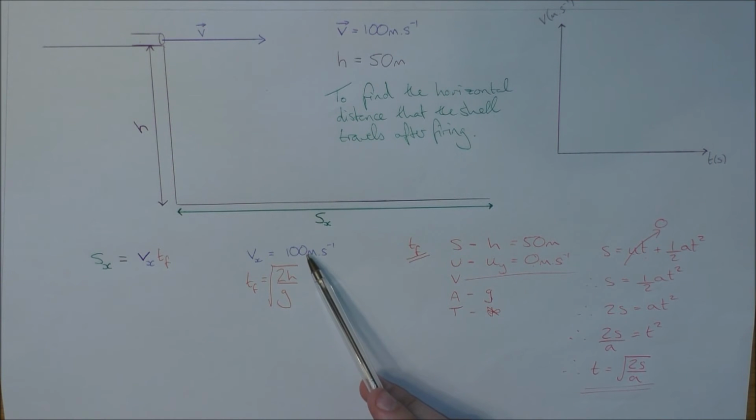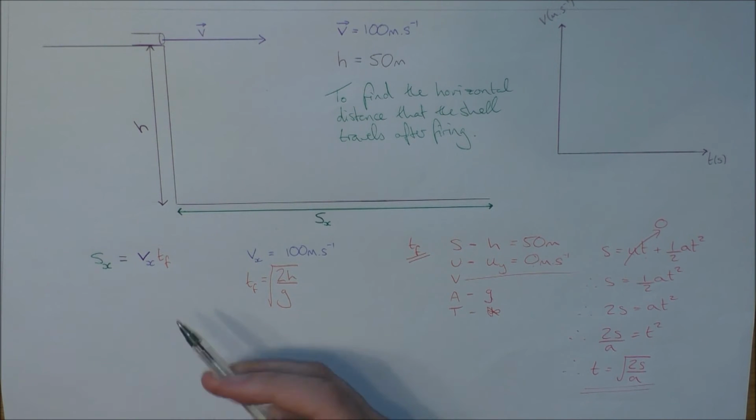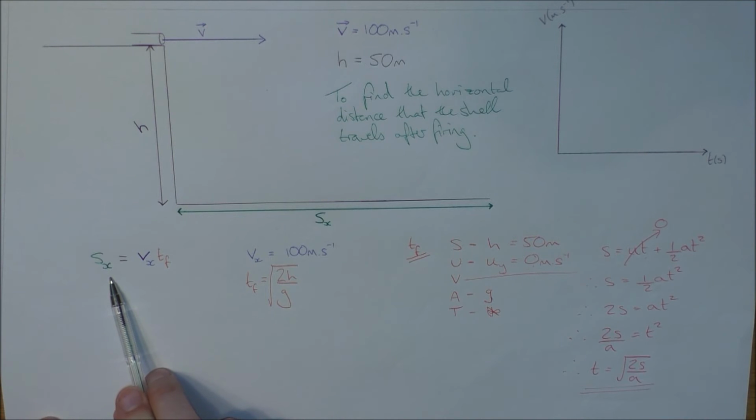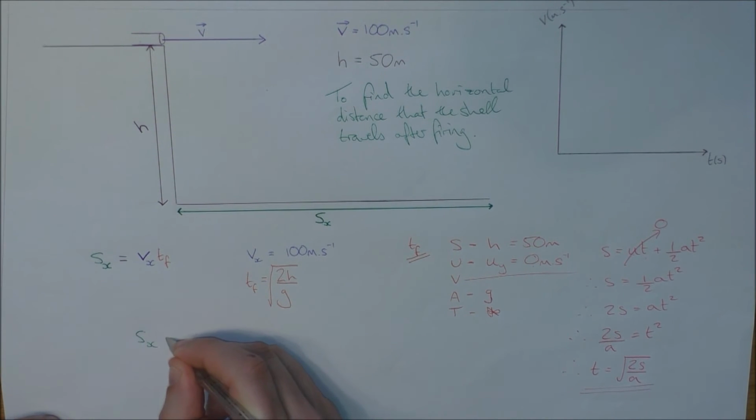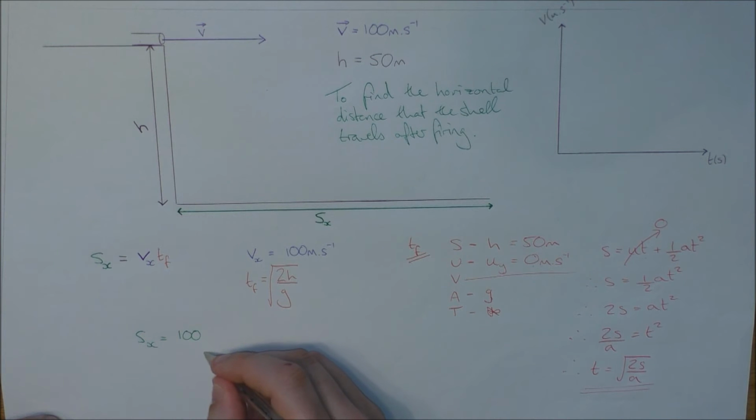So now I have two things that I can use to get to the end. So I'm going to do all of this in green because this is now finding Sx. So I know that Sx equals Vxtf, which equals 100 times root 2h over g.